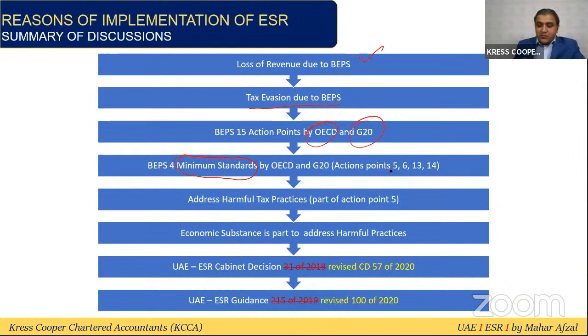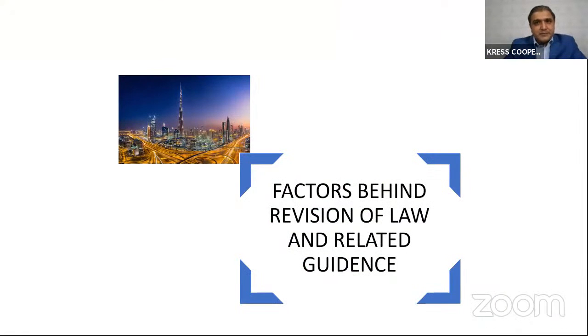So out of these 4, point number 5 is harmful tax practices, and the economic substance regulations are part of point number 5, harmful tax practices. UAE Cabinet Decision 31 was replaced with 57 of 2020, and guidance 215 of 2019 was replaced with 100 of 2020. So this was the reason that ESR came in UAE.